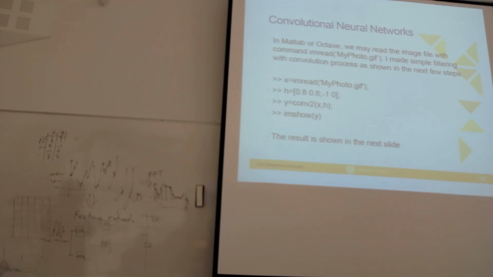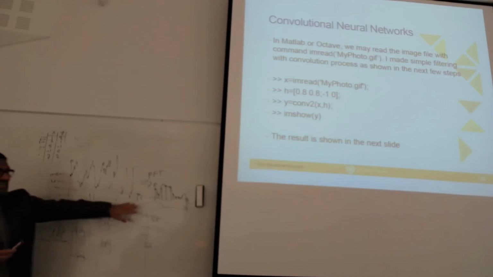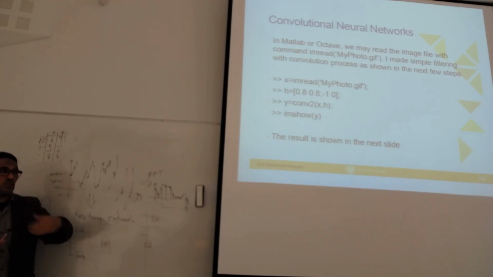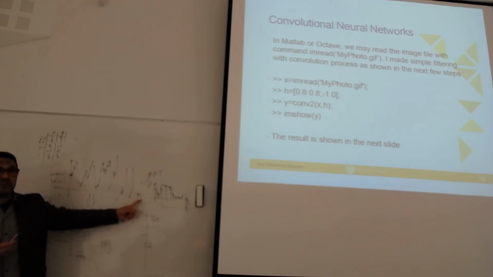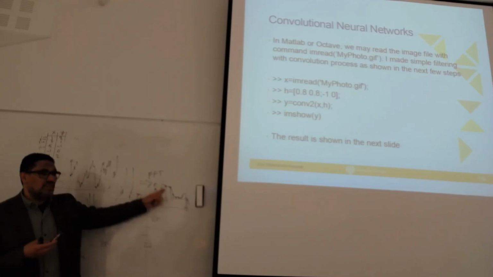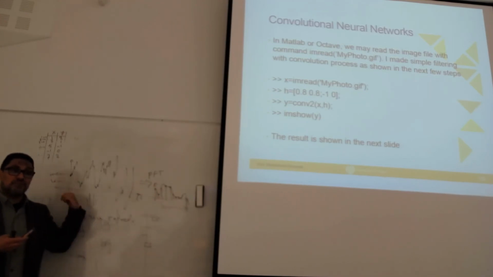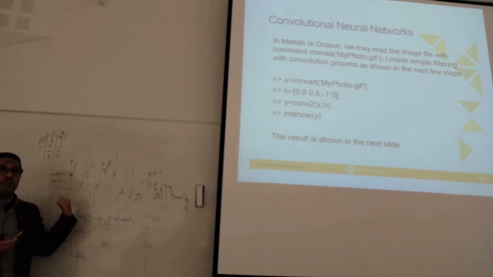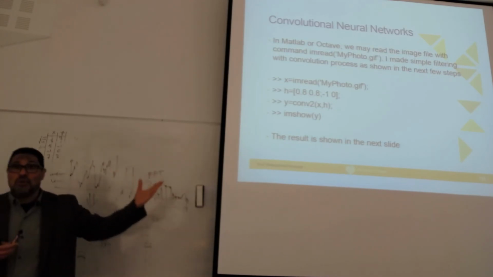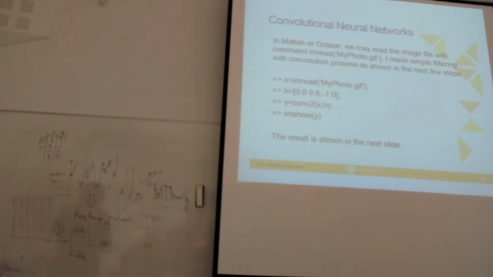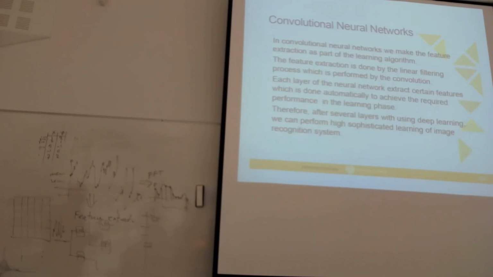We don't decide what features we give. For example, in this example, we decided the features: we took the fast Fourier transform and decided to give the frequency bins to the neural networks. But here we put the neural networks in the loop to adapt the characteristics of the filter, in order to decide what kind of features they will extract from the image.